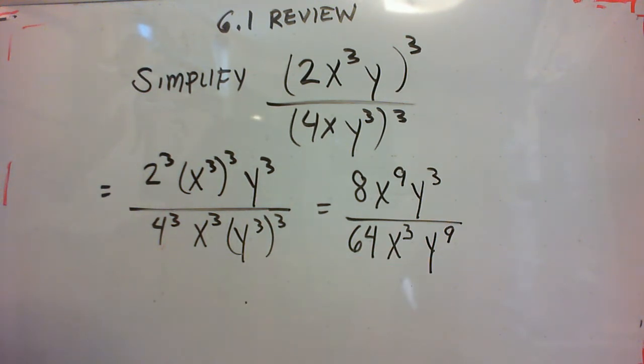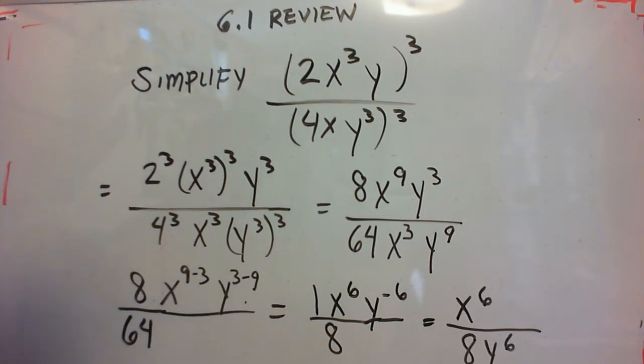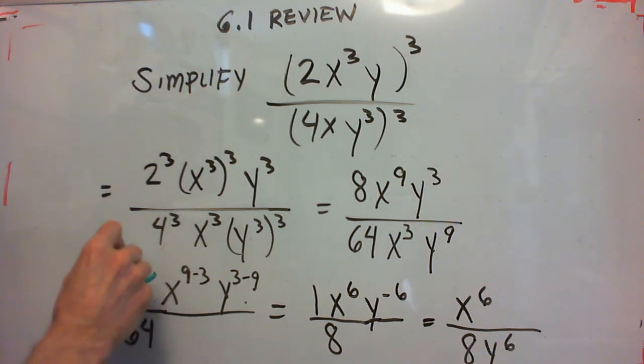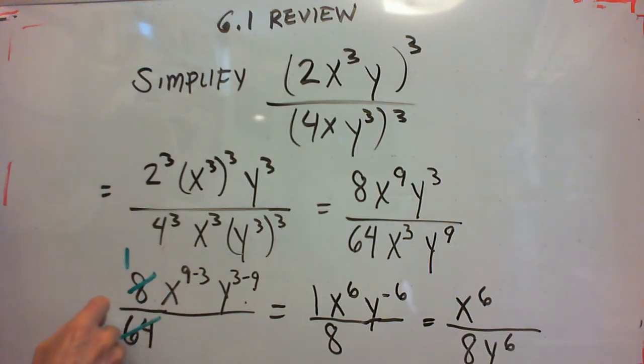Now we just simplify this. You can either use the exponent division rules or cancel factors. I'll do it both ways. So we simplify the fraction just by canceling. 8 goes into 8 one time. 8 goes into 64 8 times.